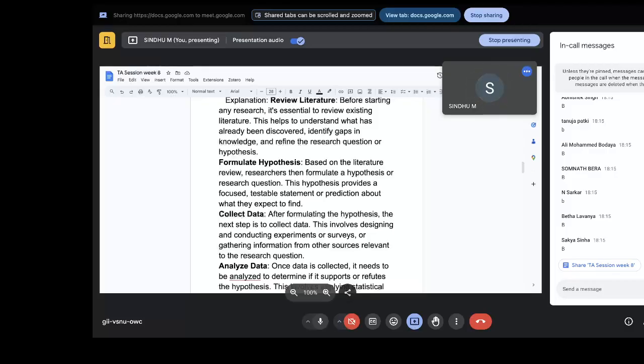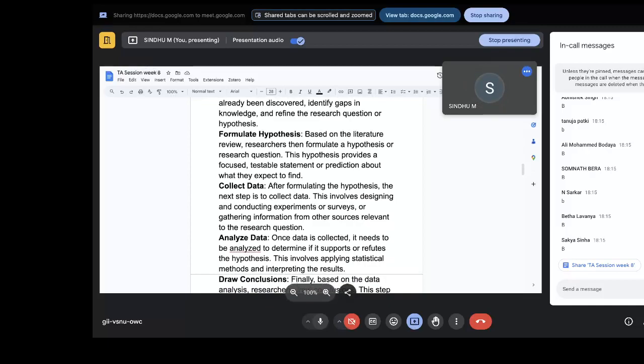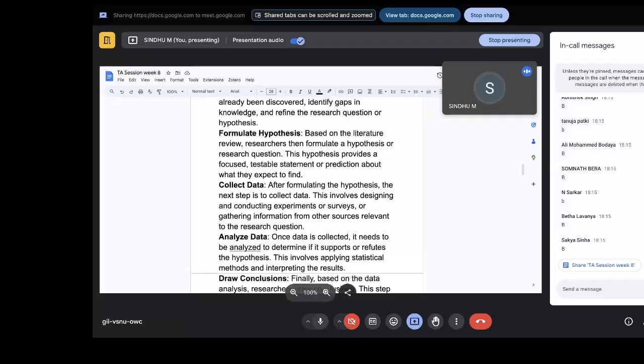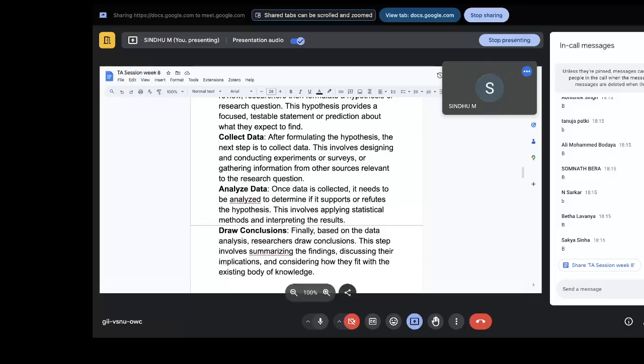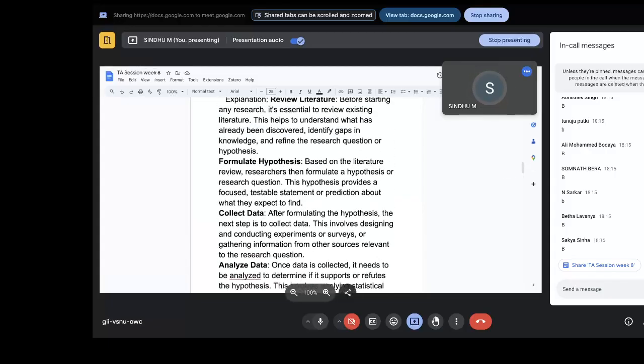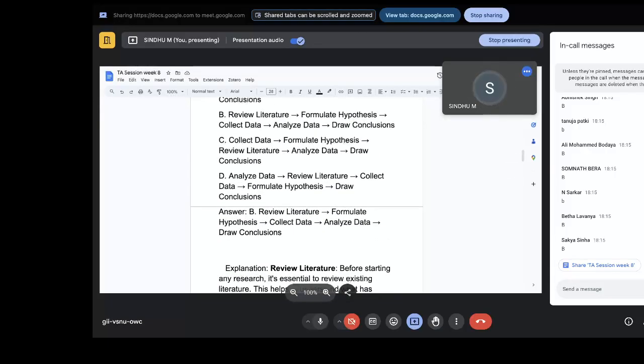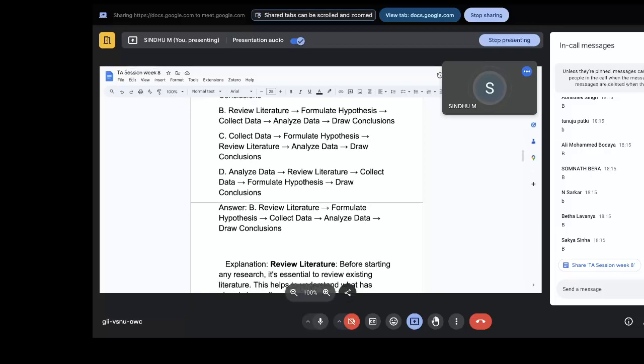And once you have the data, you have to analyze the data and do some statistical tests, etc., and do a hypothesis testing to finally get whether the data is supporting your hypothesis or not. And finally, based on the experiment results and the data analysis, you can start to draw conclusions about what is happening. So the correct answer to the third question is option B. It has to start with literature review.